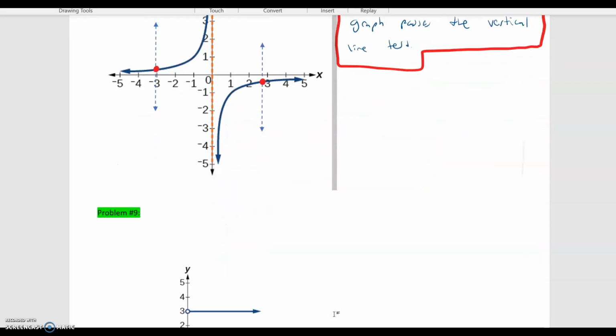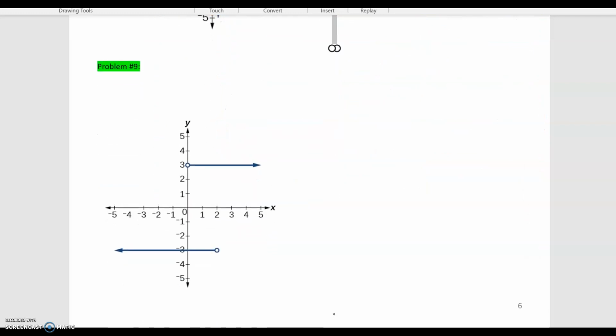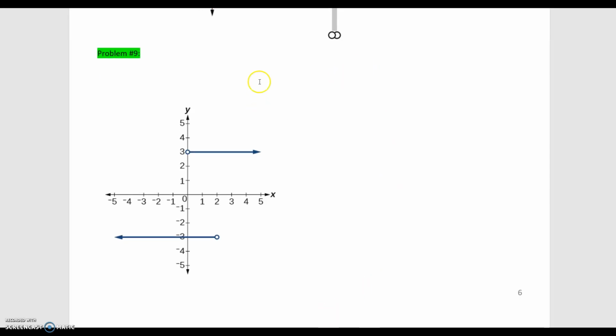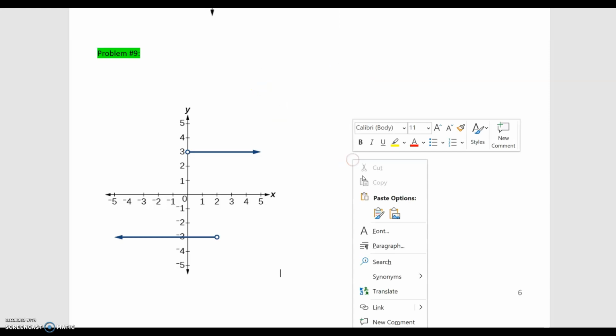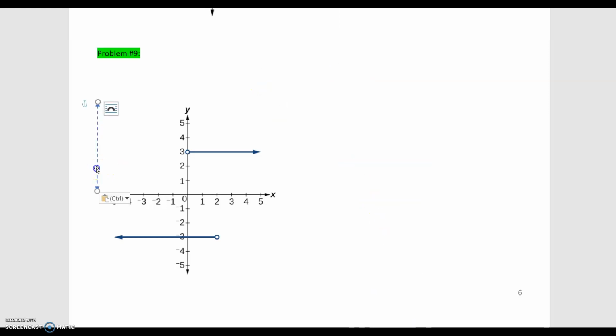Let me move to number 9. In number 9, we just need to find one portion of the plane where the graph fails, and that would be sufficient. So in this case, let me just place the vertical line here. Oh, it's a little bit crooked, so let me just introduce a new one.